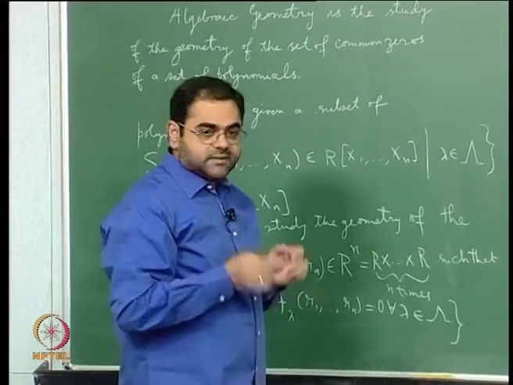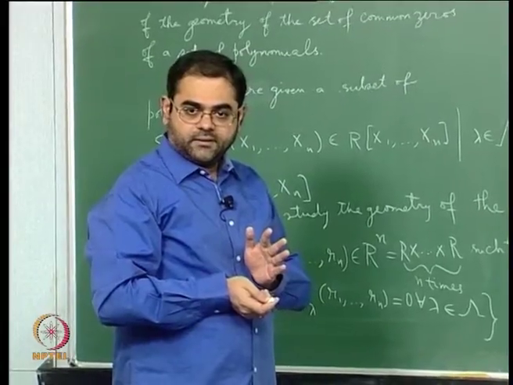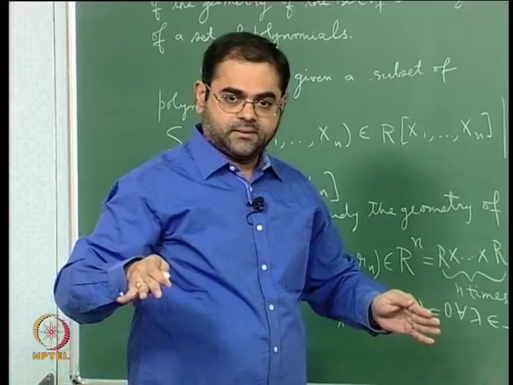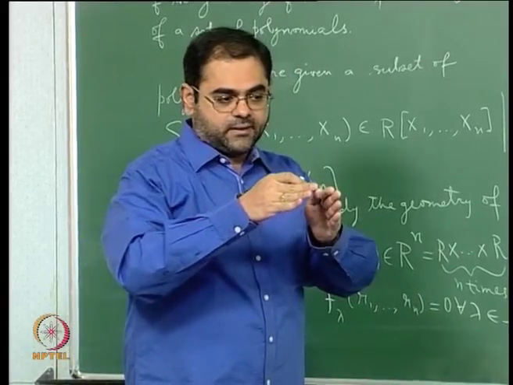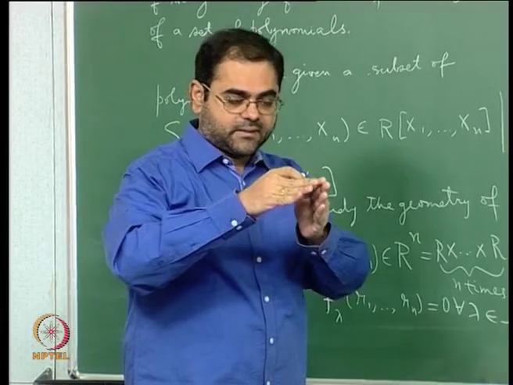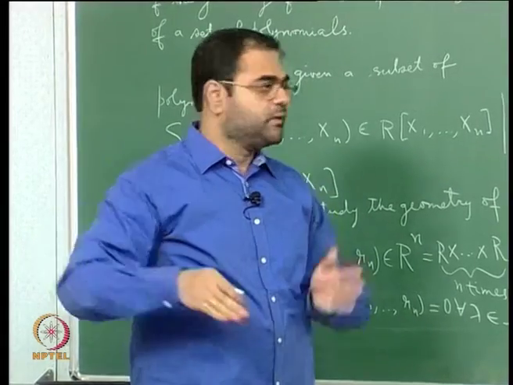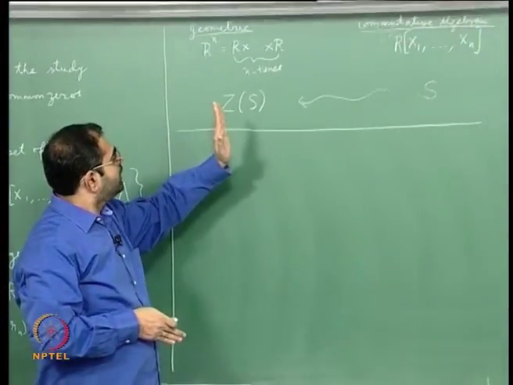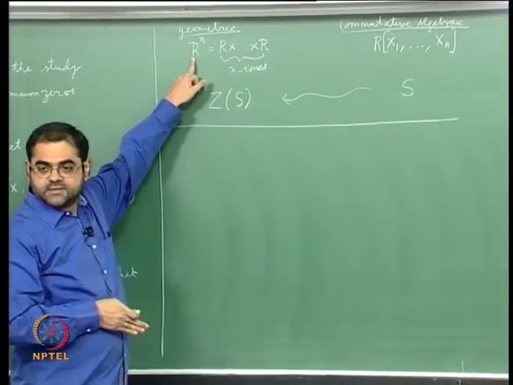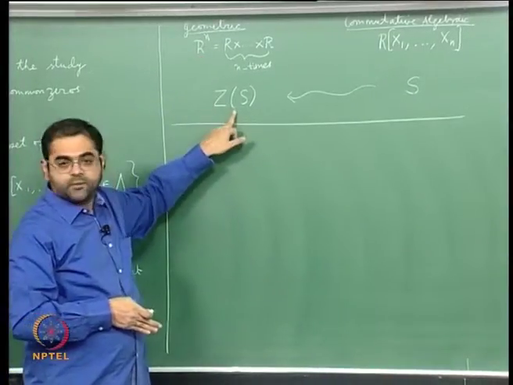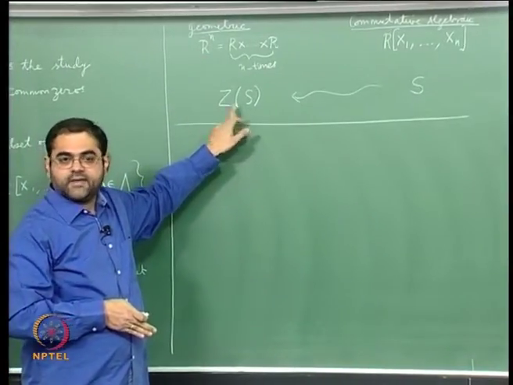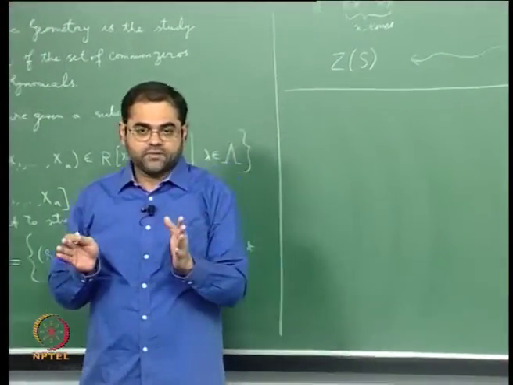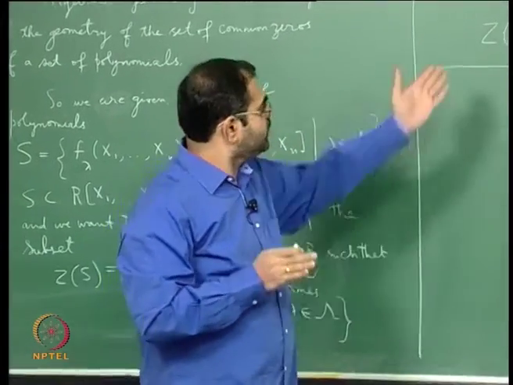So at this point there is, I should say, a dichotomy. The subject can be divided into two parts. One question is: if you work over rings such that this is never going to be empty, then these are good rings over which you can do this kind of study.